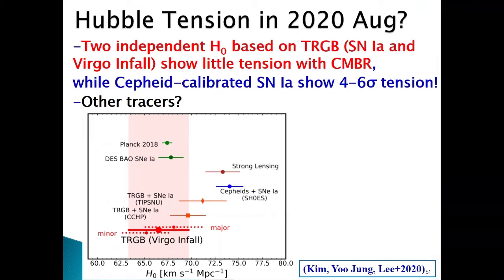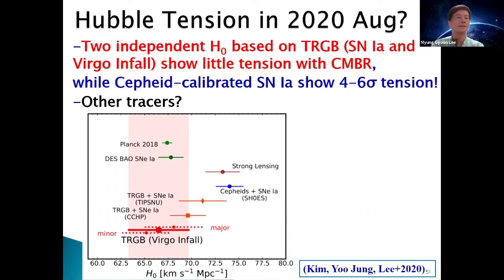Yes, but that number varies from galaxy to galaxy. That's my point. But as long as you sample 100 TRGB stars or so, that's enough. You don't sample all those stars. That's right.